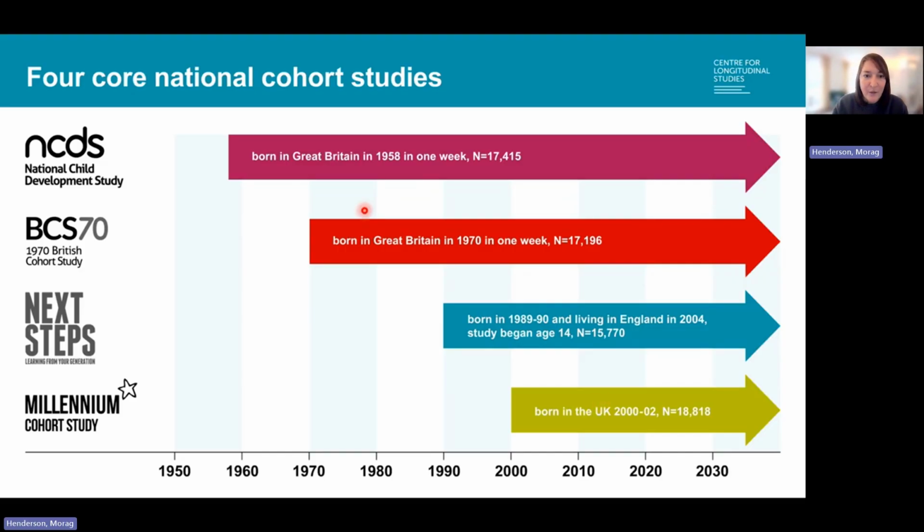Here you see the nice sequence of between sort of 10 and 20 years between these generations. So it allows us to compare across cohort, so between groups of people born around the same time. And due to their shared long-term exposures of life experience that are unique to their generation, it allows us to think about where we might see differences.